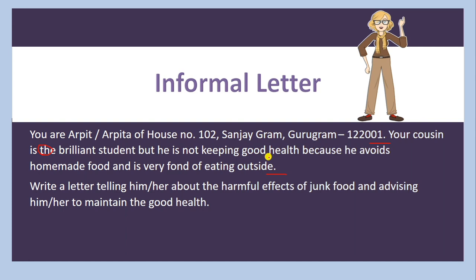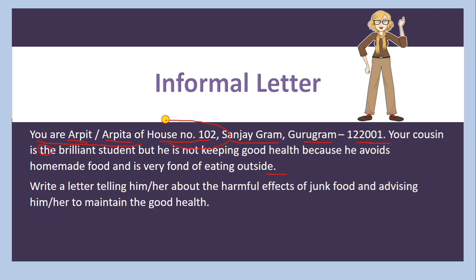Most of the hints are given in the question. That is why I am saying you have to read the question again and again. It's already mentioned that you are Arpit or Arpita, so you cannot change the name. If you're a boy, you'll write Arpit. If you're a girl, you will write Arpita. And the address is also given: house number 102, Sanjay Gram, Gurugram, and the pin code.